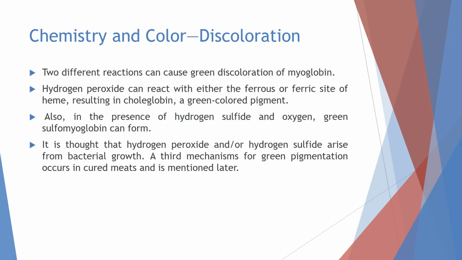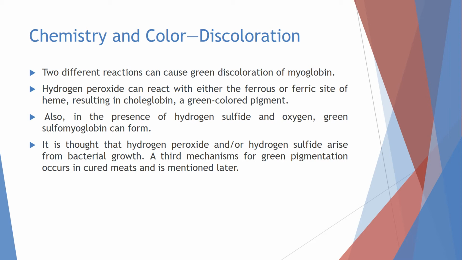Now, let us see the reasons for discoloration in various meat products. Majorly, there are two different reactions that cause green discoloration of myoglobin. The first is when hydrogen peroxide reacts with the ferrous or ferric site of heme and forms choleglobin, a green colored pigment.